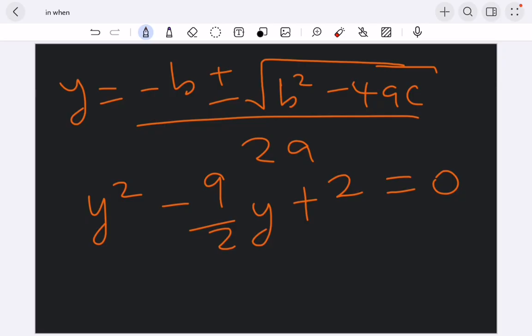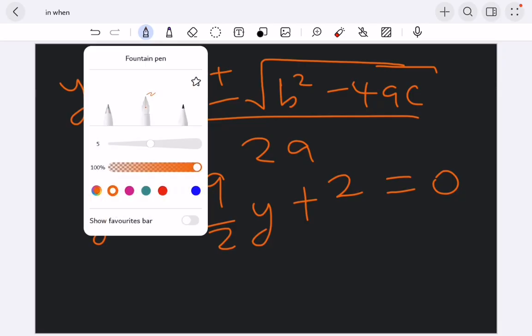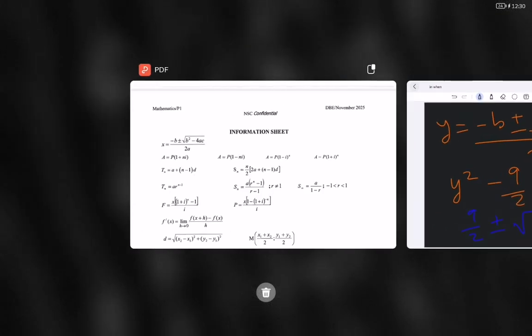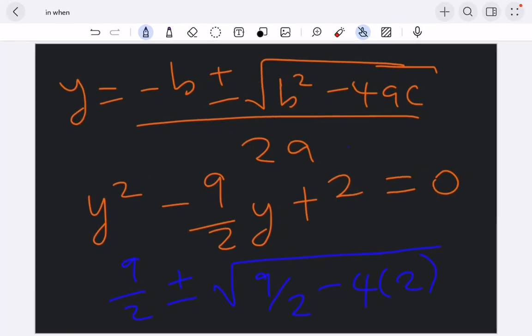So now you know exactly that your minus b is going to be 9 over 2 plus or minus the square root of 9 over 2 squared minus 4. Your a is going to be 1, and your c is going to be 2. Since we're multiplying by 1, I'm not going to put 1 there, and all of this is over 2a, and 2 times 1 is just 2.